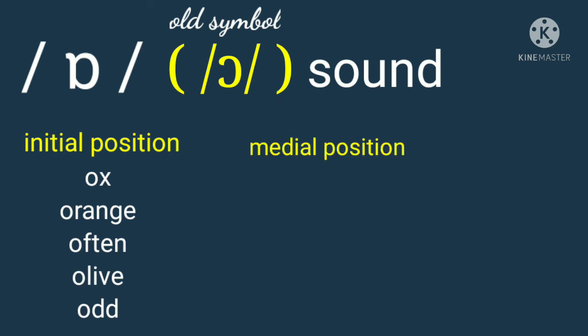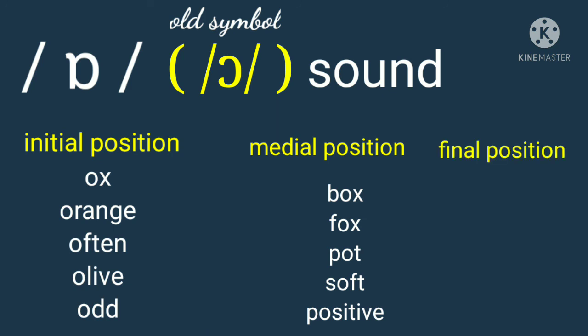Now look at the words where it occurs in the medial position. Box, box, fox, fox, pot, pot, soft, soft, positive, positive, and so on. So remember, this sound also occurs only initially and medially in words.